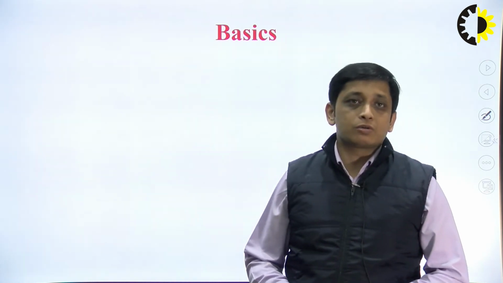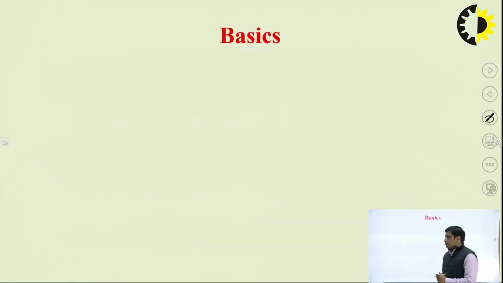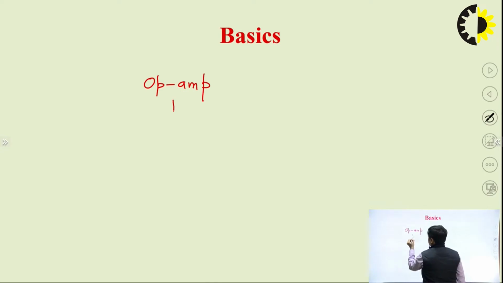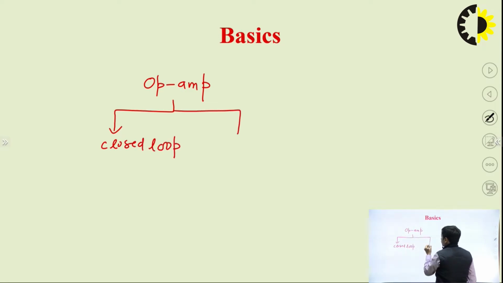So that is the closed loop configuration of op-amp. As far as configuration is concerned, this operational amplifier can be used in two configurations. One is closed loop configuration and another one is open loop configuration.